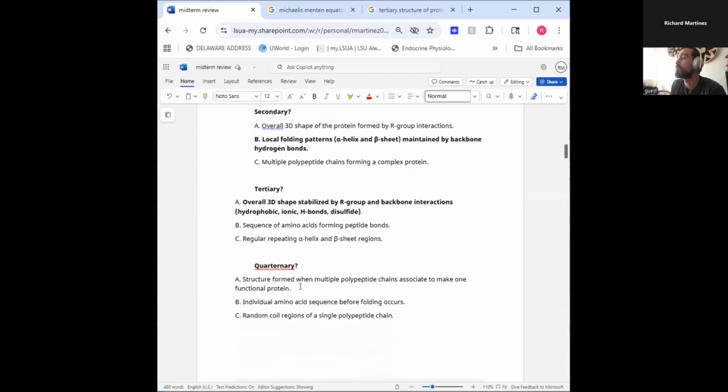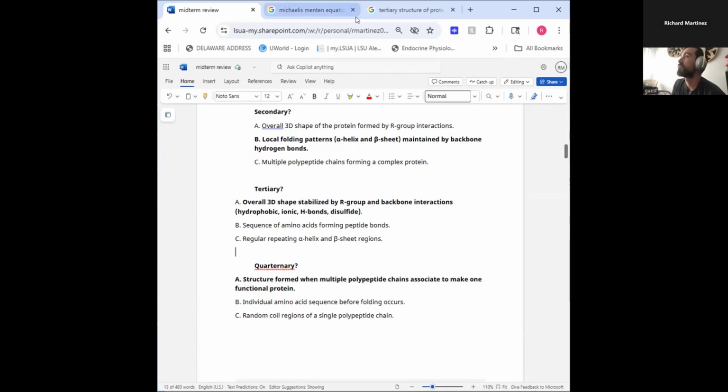Structure formed when polypeptide chains associate to make one functional protein. Maybe. Individual amino acid sequence before folding occurs? We already saw that folding happened. Random coil regions? Nothing of this is going to be random. Single polypeptide? No, this would be multiple polypeptides. Boom, we move on.